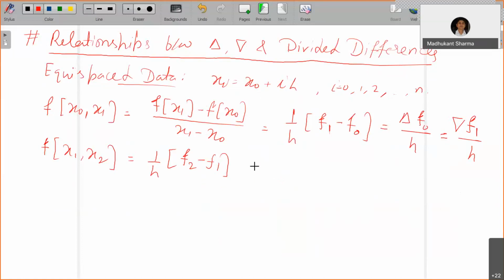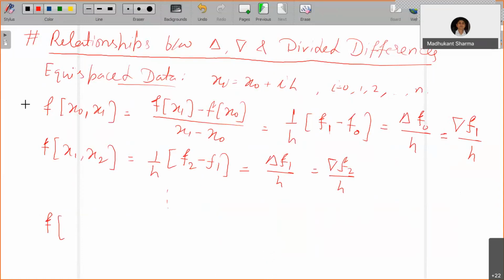So f2 minus f1 is delta f1 by h in the forward difference, and in the backward difference it is delta f2 by h, and so on. So the first column is identified now.